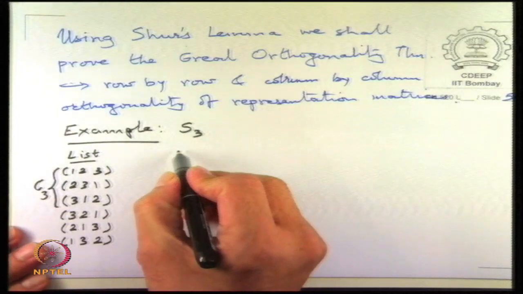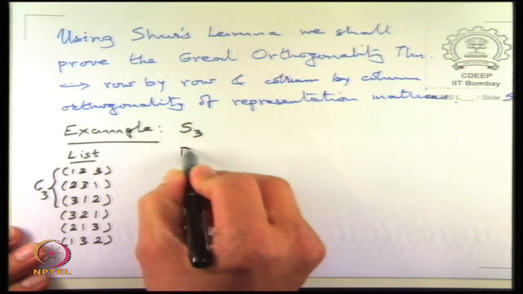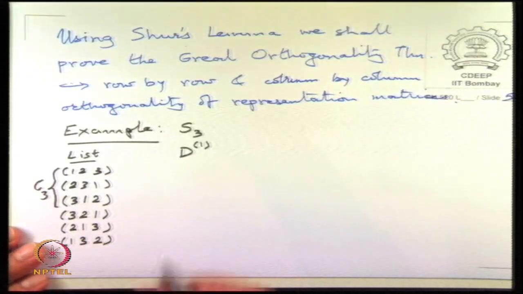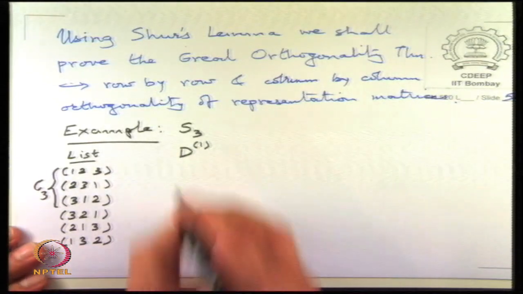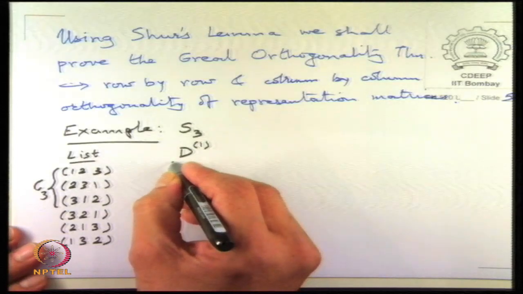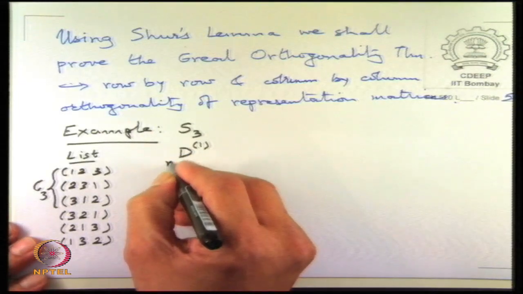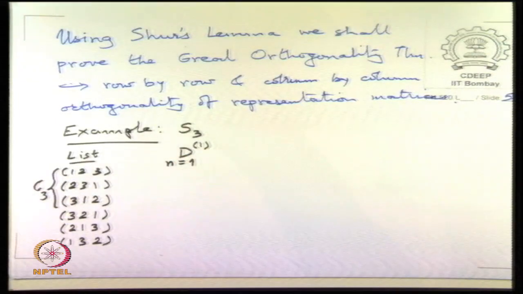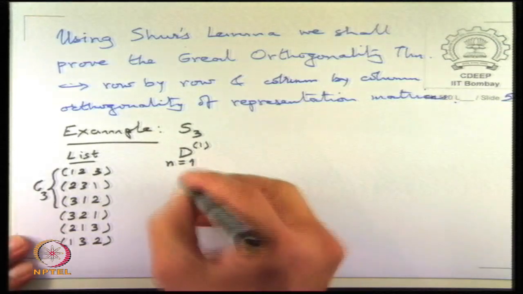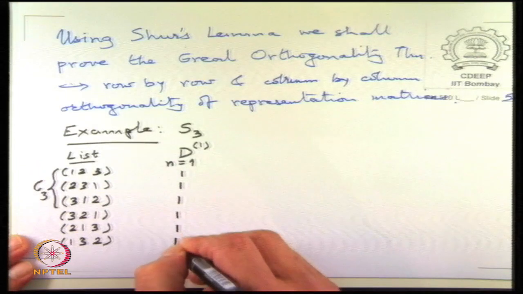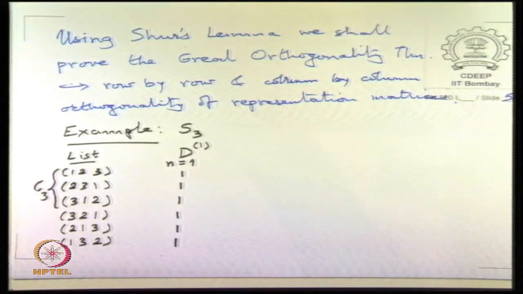So consider a representation D of size 1, where n is equal to 1. That is where I represent all elements by 1. So this is the trivial representation, which is available for every single group, discrete, continuous, whatever you have.